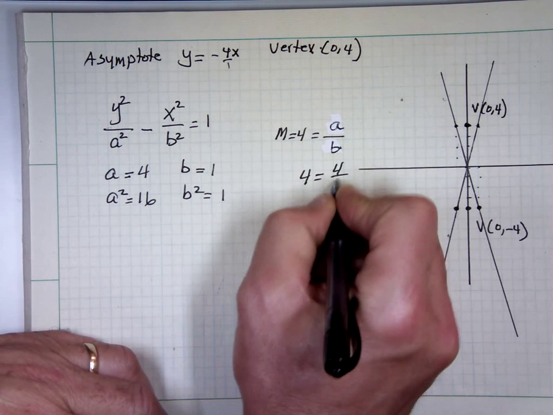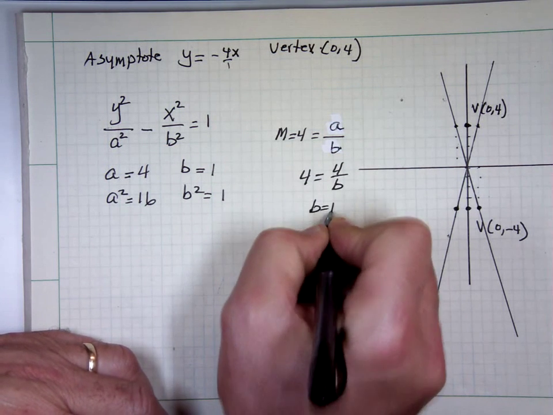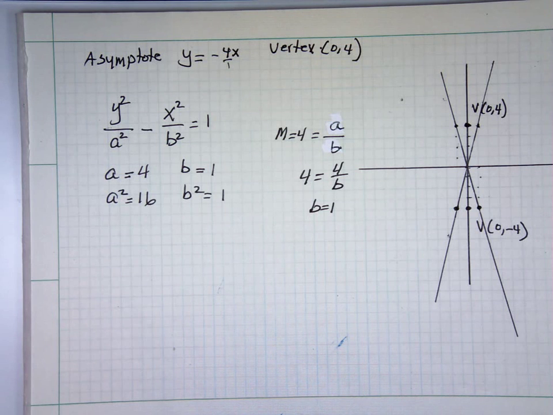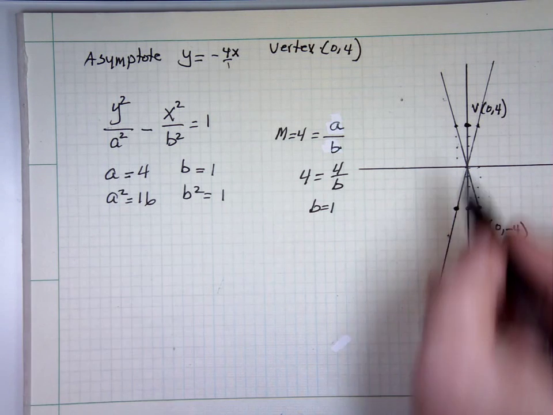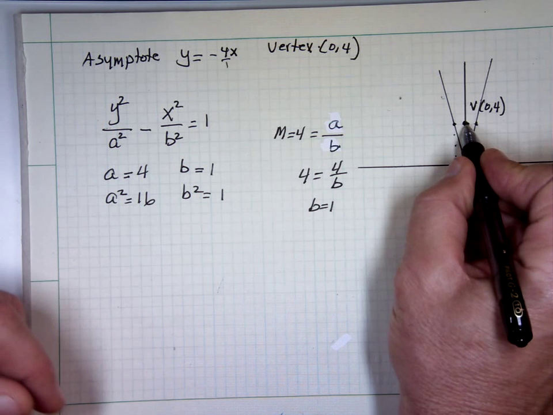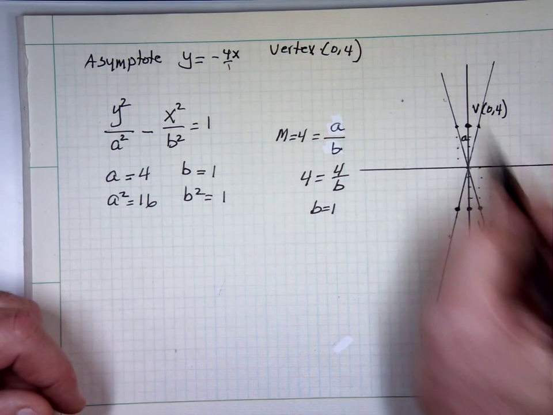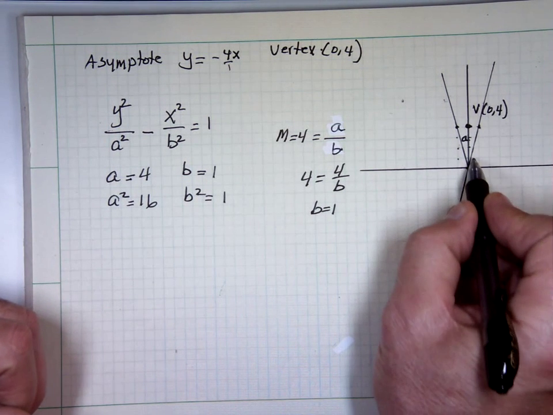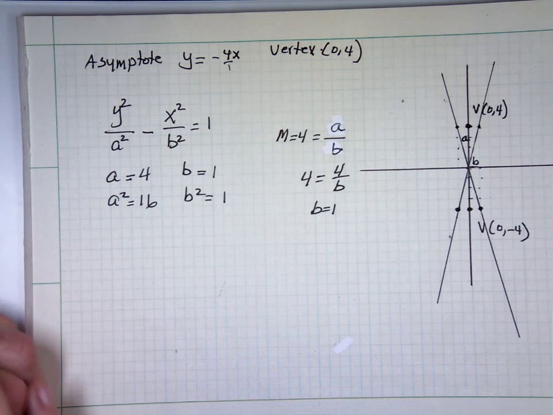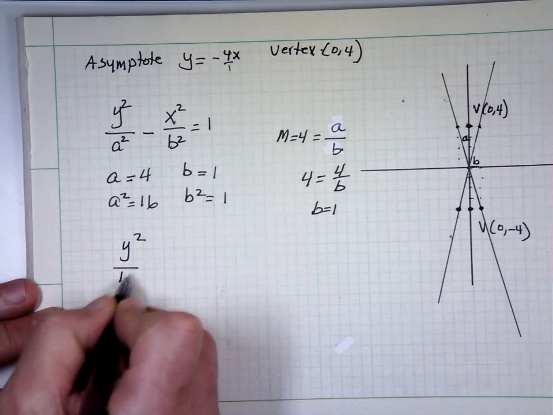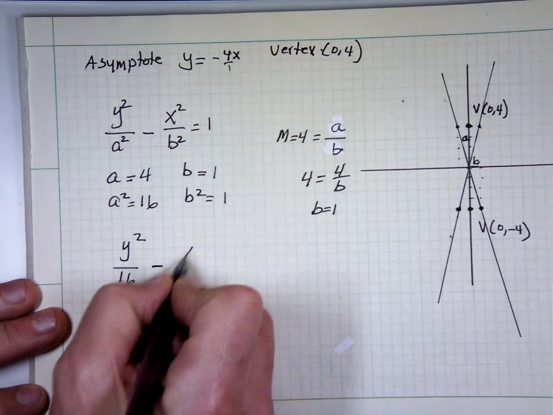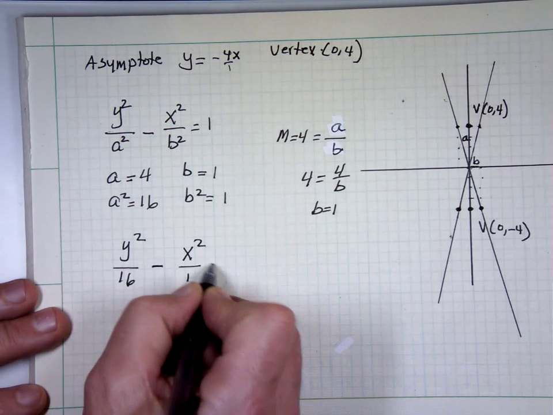B will be 1. A is the distance to the vertex. That's A. So the height is A. This is B. So here's my equation. Y squared over what? 16 minus x squared over 1 is equal to 1.